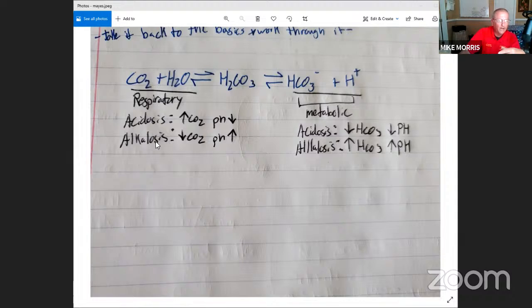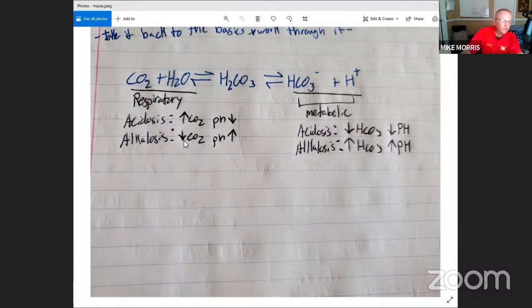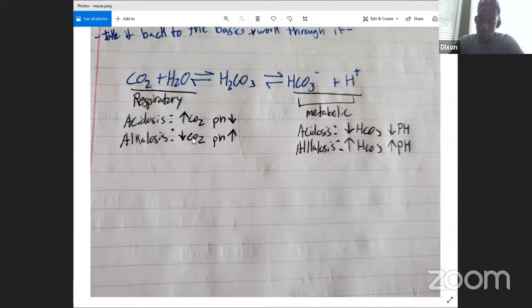Now, if we look at alkalosis, which means we're not acidic, it's the opposite. We're too basic. So we have a decrease in CO2, right? And so it makes sense, an increase in pH.